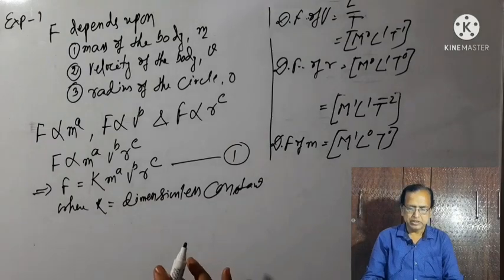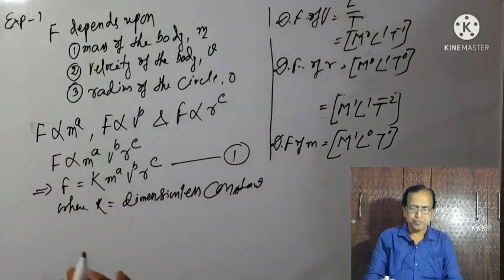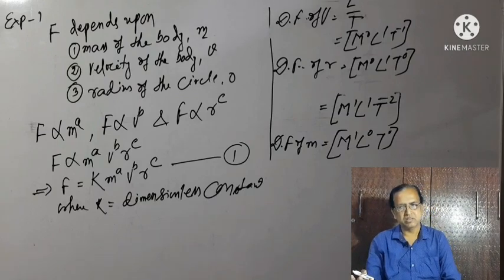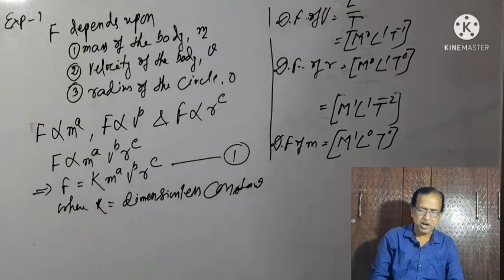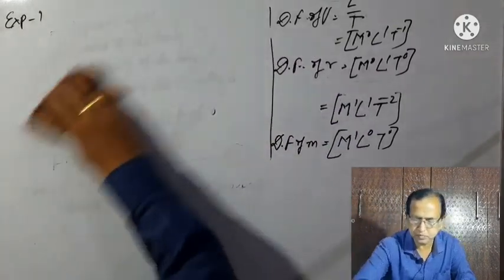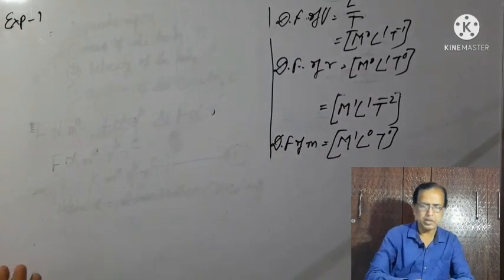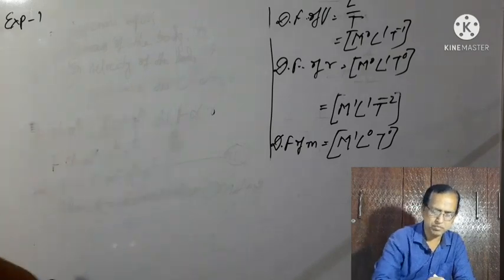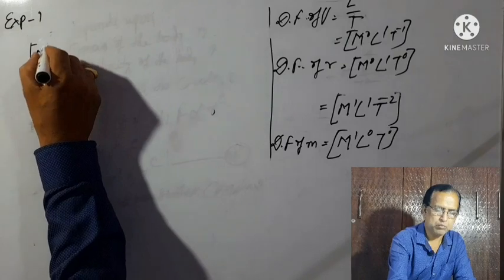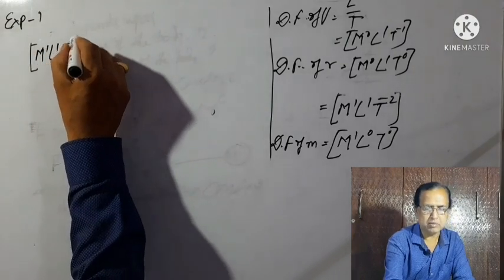Then taking dimensions on both sides, we solve this equation. First, force F is M1 L1 T minus 2.